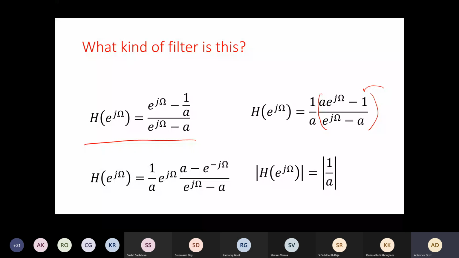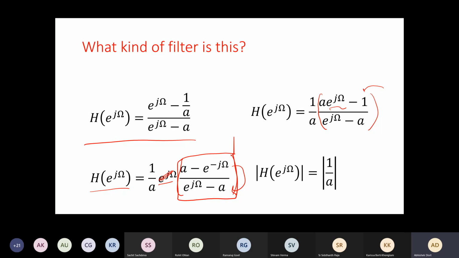I have pulled out e to the power jω, and I get this factor. If I take the magnitude of H(e^jω), this thing gets killed. You will have 1 by A remaining there. What is the magnitude of this part? It's 1. Why? Because this is nothing but the complex conjugate of this thing.